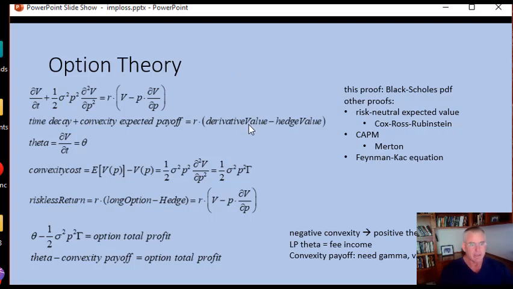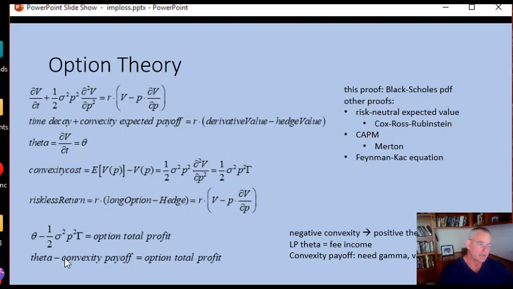On the other hand, if you get paid to take it because your hedge is generating so much cash, then you can actually lose money on the time decay and this convexity expected payoff and still be flat. So in equilibrium you make zero returns, which means that the theta, which in LP land and AMMs is going to be fees, has got to be equal to the convexity payoff that you're paying out to these arbitrageurs who are taking your money away.